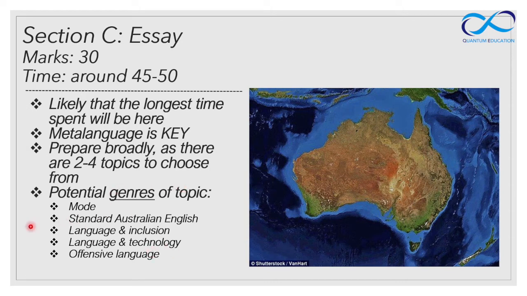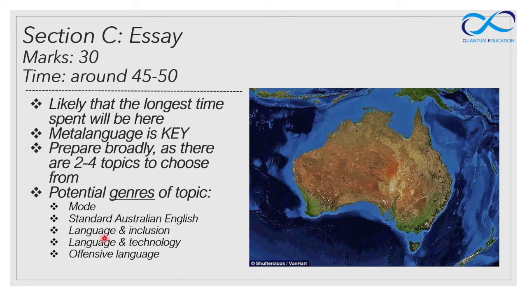Some of the essay types that you can get generally come in groups. Some of the really common ones are modes, so talking about how spoken versus written versus signed modes affect language. A common one is also standard Australian English, so how the standard is treated in Australia. The whole concept of standard Australian English is essentially how it contrasts with certain ethnolects and idiolects.